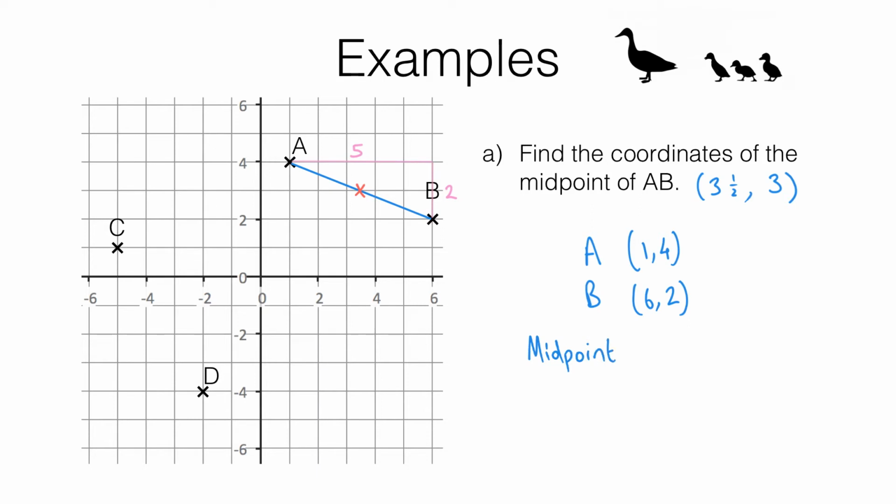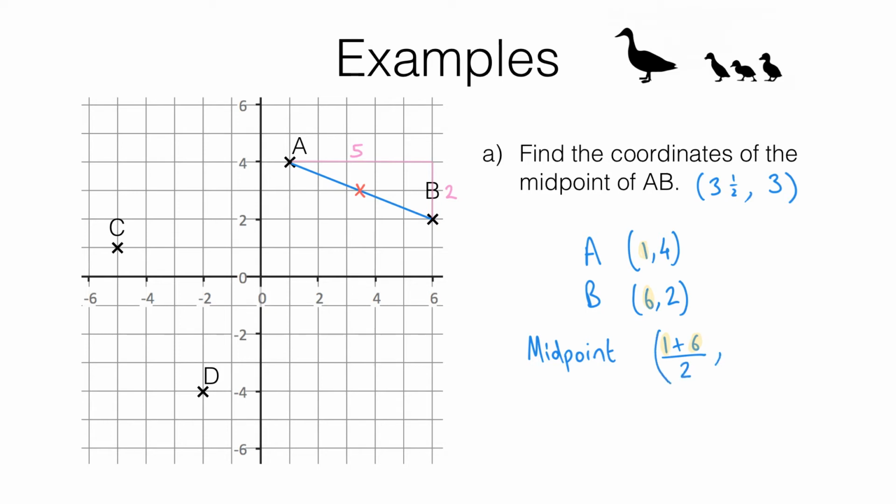To find out what's halfway between two numbers, what you're effectively doing is finding the mean of those two numbers. So to find out what is halfway between 1 and 6, all we need to do is 1 plus 6 and then divide that by 2.